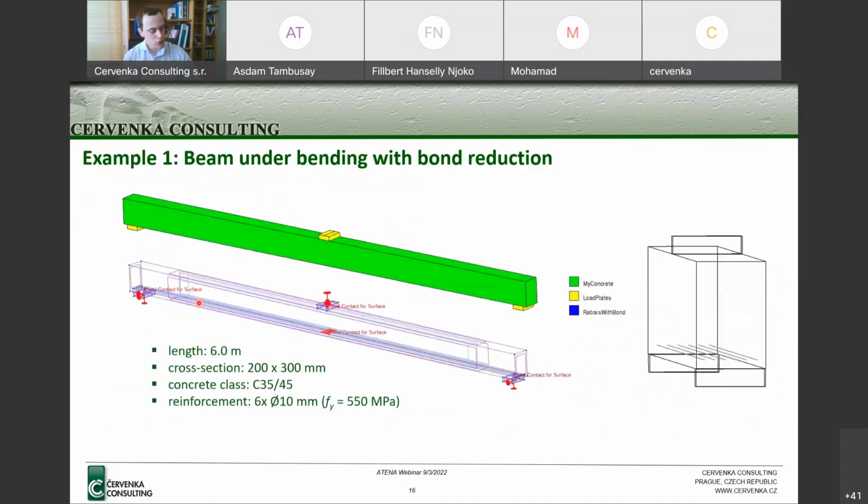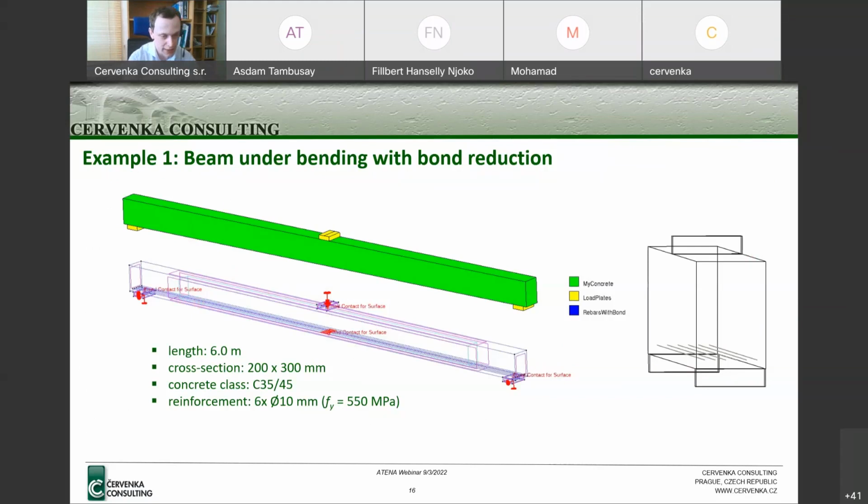I will show now two examples. One is a beam under bending with bond reductions. These examples usually come from our users who try to simulate some problem, and as you probably know, if you are a user with valid maintenance, you can send us an email, and we will try to help you with your modeling.